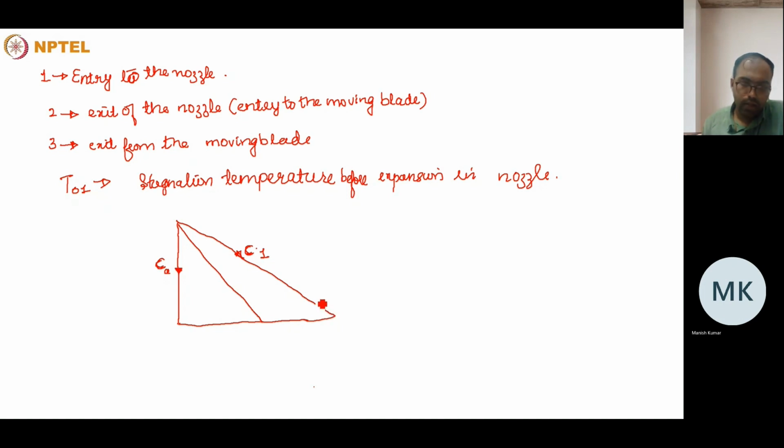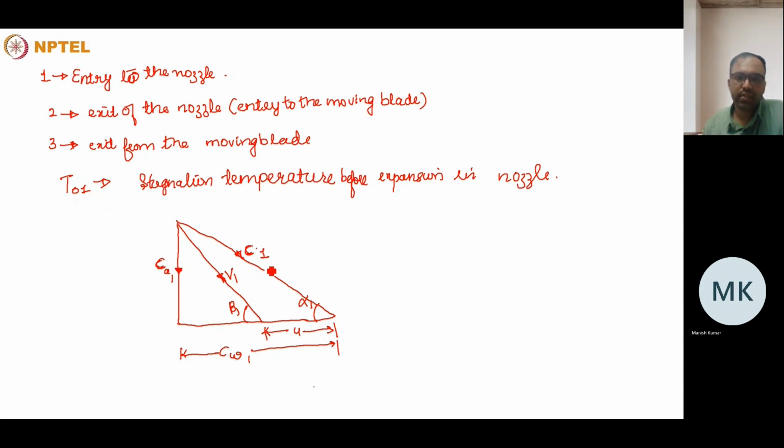So this is the inlet to the nozzle. It will be making an angle of alpha 1 and let V1 be the relative velocity. It will be making an angle of beta 1. Let U be the blade velocity. V1 will be the whirl velocity or the horizontal component of the absolute velocity term. So from this, we can calculate.